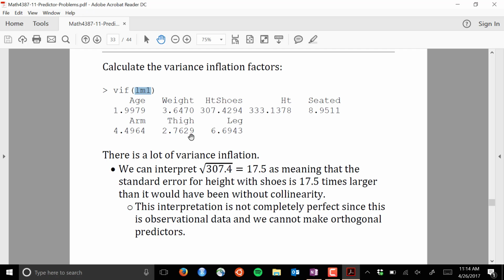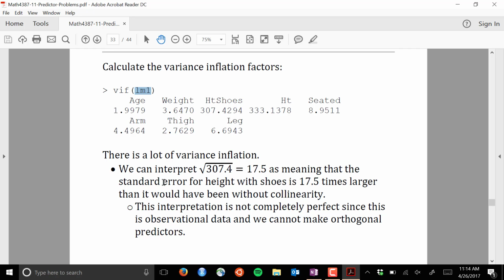And if you want to interpret this for the height shoes regressor, we might say something like, if you take the square root of 307.4, that's telling us essentially the multiplicative impact that the collinearity problem is creating with our estimated standard error. So the standard error for height with shoes is about 17.5 times larger than it would have been if there was no collinearity in my data set.